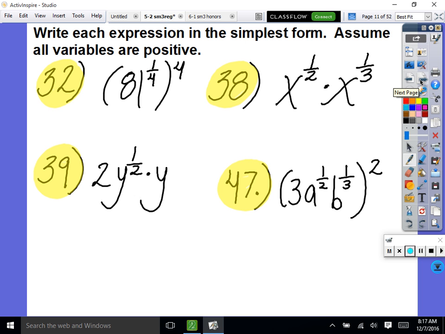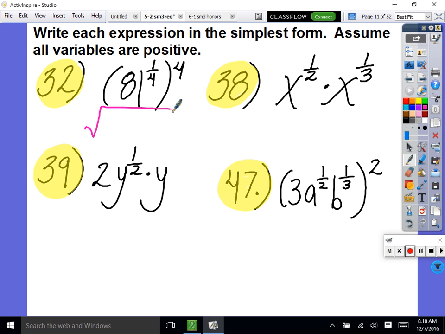So here we go. It says write each expression in the simplest form, assume all variables are positive. So with that in the instructions, we don't have to put absolute values. So we're simplifying these. Every problem you'll say, how should I simplify it? So let's do it the easiest way possible. What is the answer going to be? 81, correct? Raise the power to a power and you multiply.